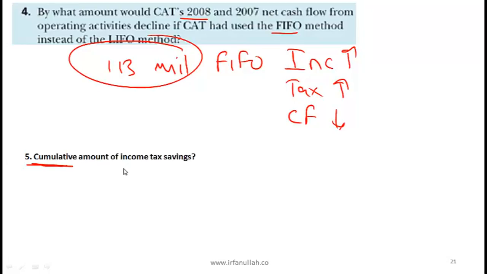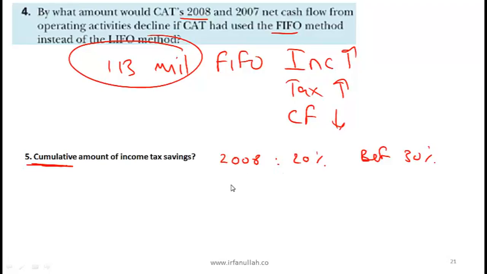If you have the cumulative amount, then the point is this. Actually, there is another subtlety in this question, and it is more difficult than probably what you'll see in the practice problems and in your actual exam. But obviously, to figure out tax savings, you need to know the tax rate. If you recall what you've been told, in 2008 the tax rate is 20%, and before that, it is 30%.